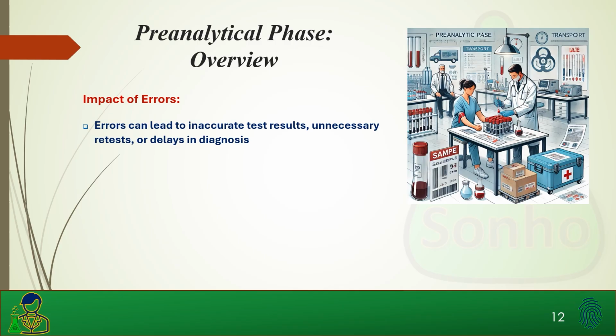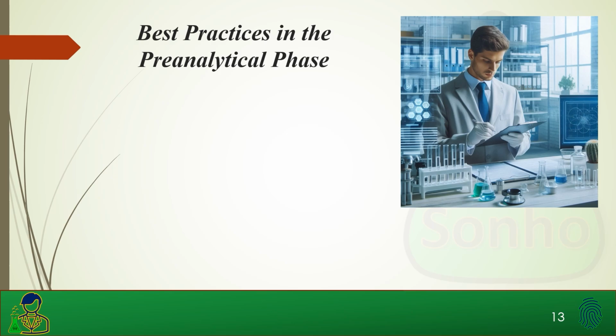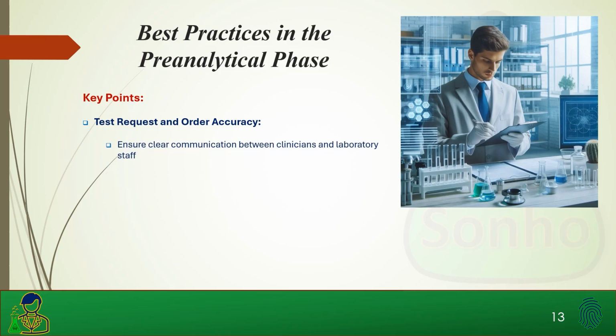You can only do the testing with the proper samples, and to get the proper samples, you need to follow everything within the pre-analytical phase. So, some best practices. It's important to request the test and have order accuracy. Ensure clear communication between clinicians and laboratory staff. It's important to order what you want to order.